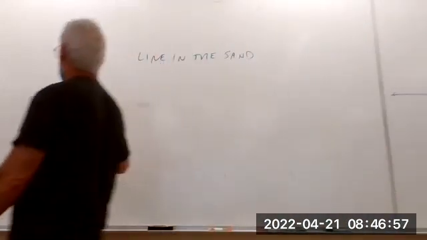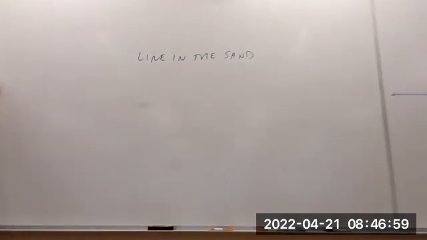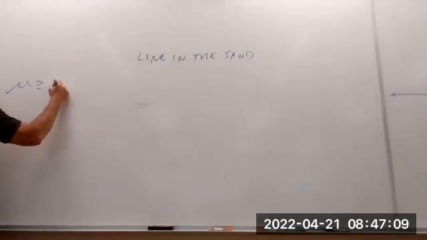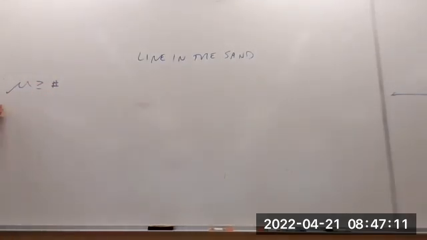So there's three possibilities. Let me use mu first, just to be easier. My null is that mu is greater than or equal to some number, in which case my alternative would be mu is less than that same number, whatever that number is. That's one case.